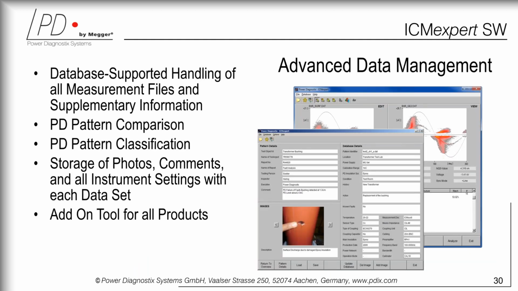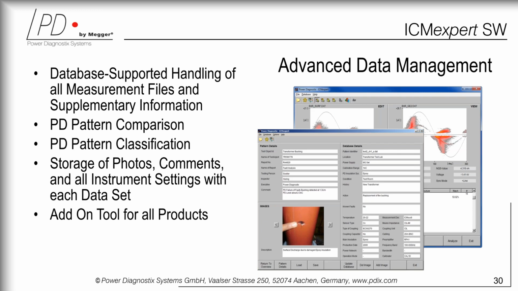The data management, of course, takes various forms, meaning that all the data is being recorded and can be retrieved, but we have developed also an ICM expert software, which has a database of patterns, and based on this database of patterns, pattern comparison and classification can take place.